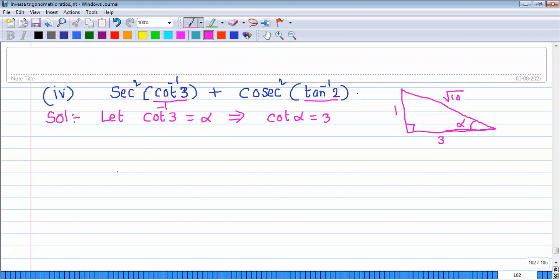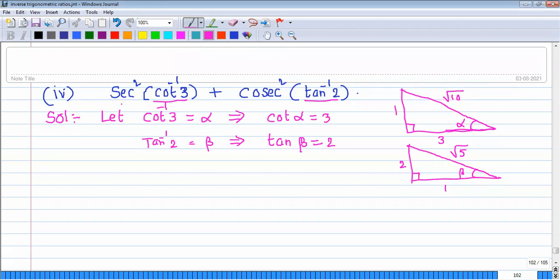Leave it now. Let us say tan inverse 2 equals beta. Tan beta equals 2. So now take another right angle triangle. Say beta. As per the definition of tan, we can write 2, this is 1. This will be root 5. Am I correct? Yes.